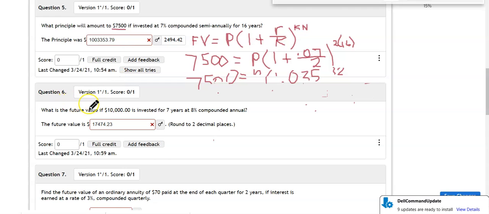This time, though, we want to know the future value, and we're given the principal. So let's fill into this thing again. So our principal is going to be 10,000. All right, and then 1 plus 0.08.